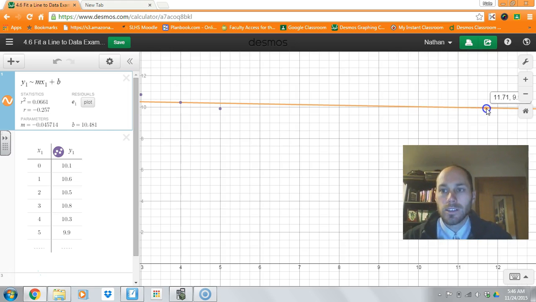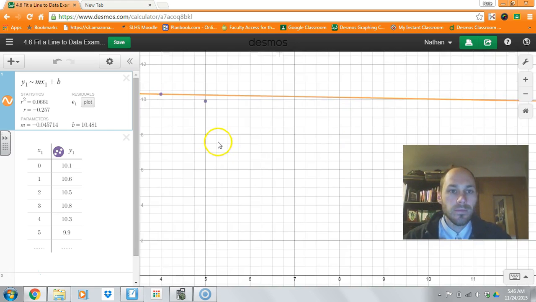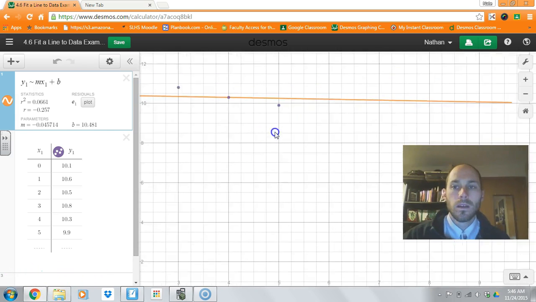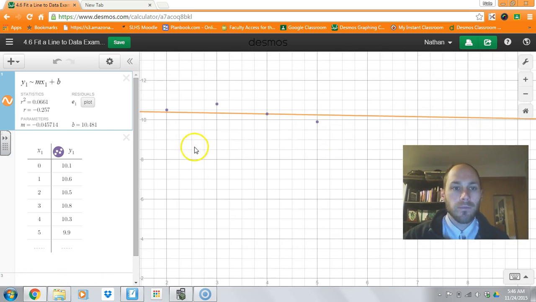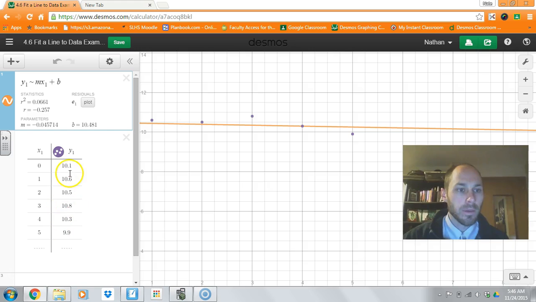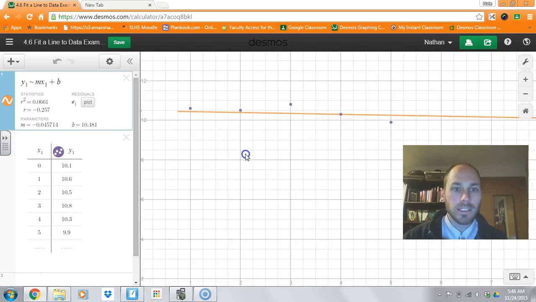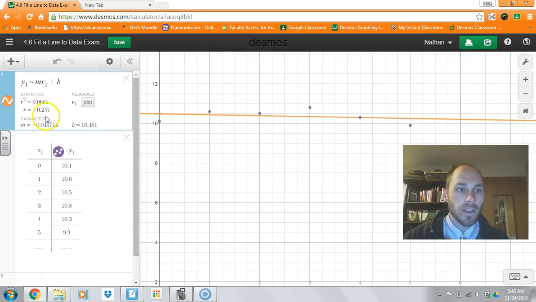So it seems that sales are diminishing. But that's about the same value that we had in our data up here. It kind of jumped around all over the place. And since our R value shows that this has relatively no correlation, we can't really trust our line of best fit to make predictions, make calculations. So unless our R value shows that we have good correlation, we need to be careful and can't use it to make predictions.